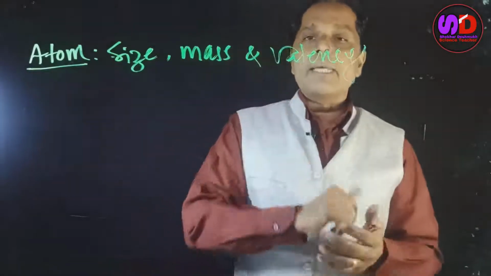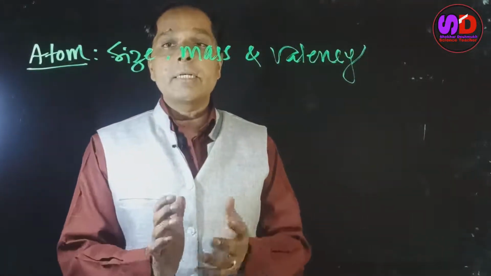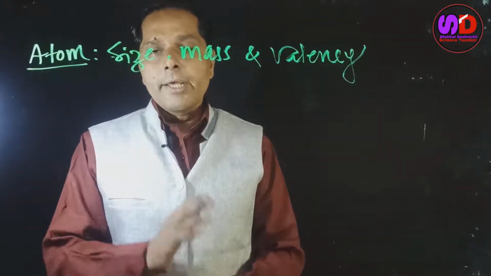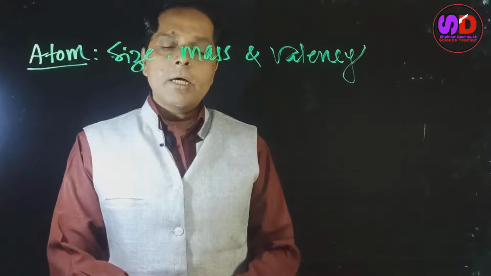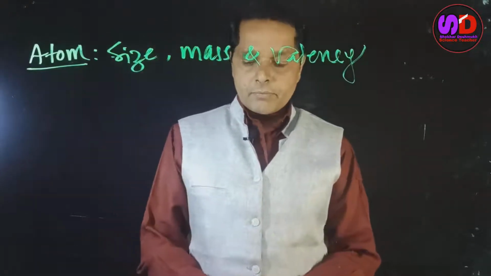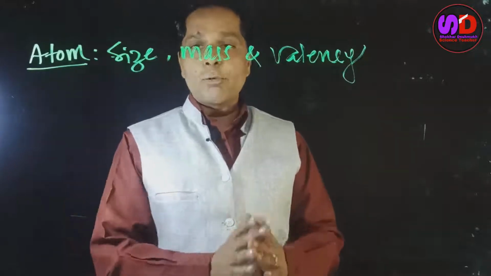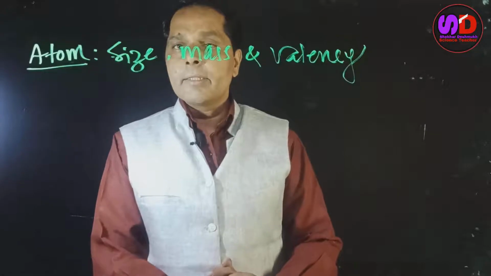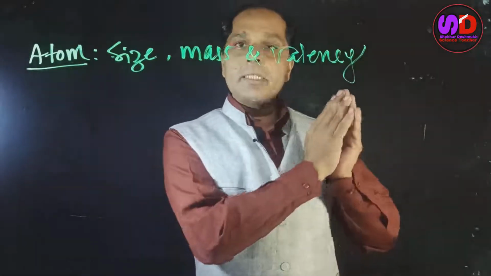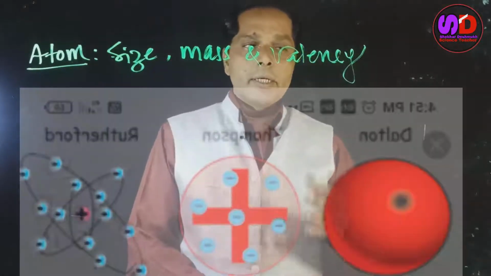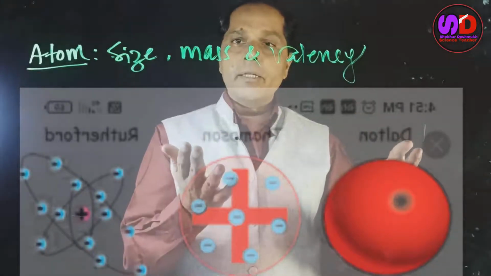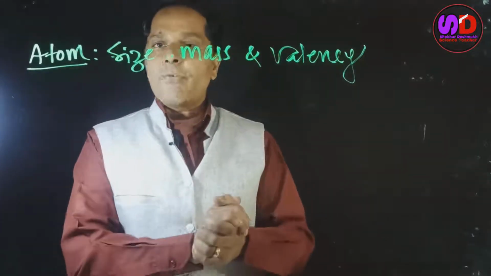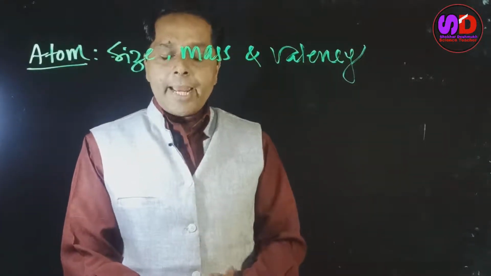Before going directly to the size of an atom, we will discuss the structure of the atom. In the last standard we learned about theories like Dalton's atomic theory, Rutherford's theory and Thomson's theory. These scientists gave models of the atom.